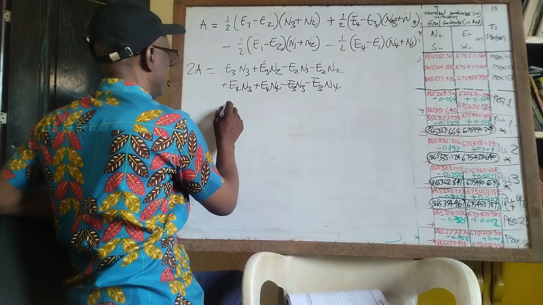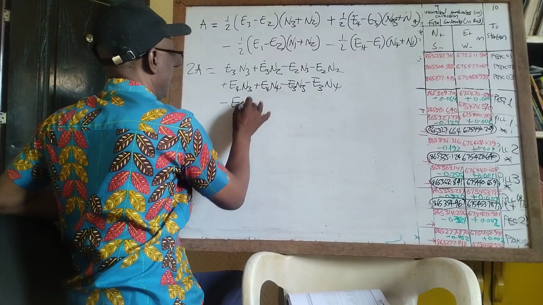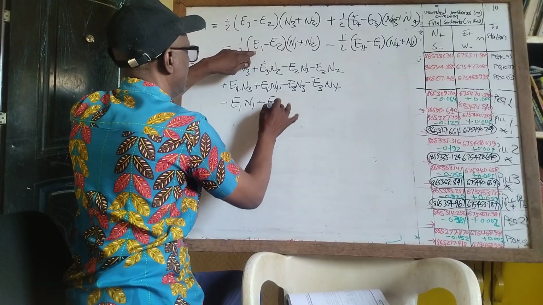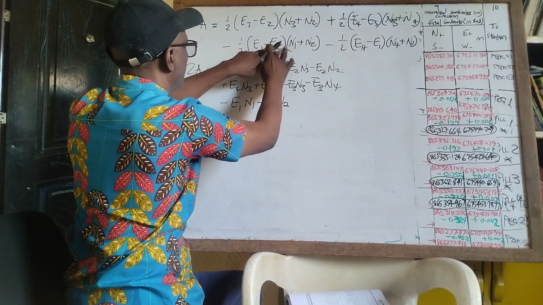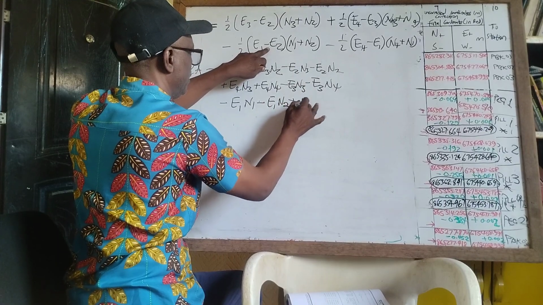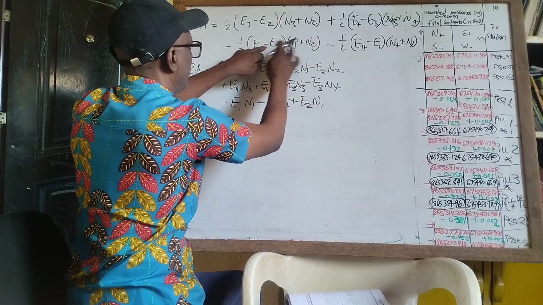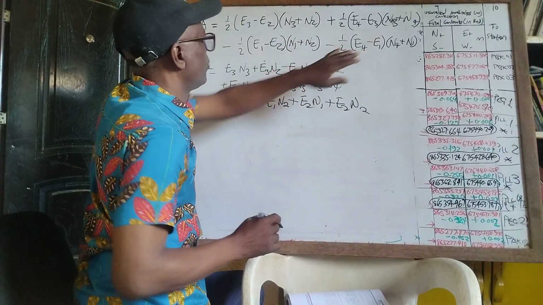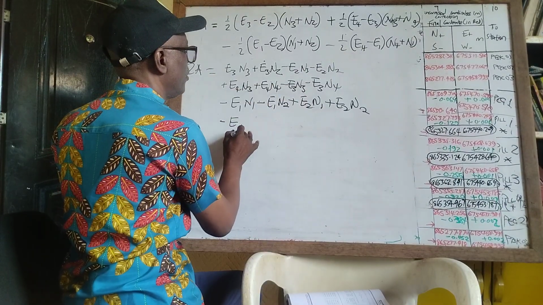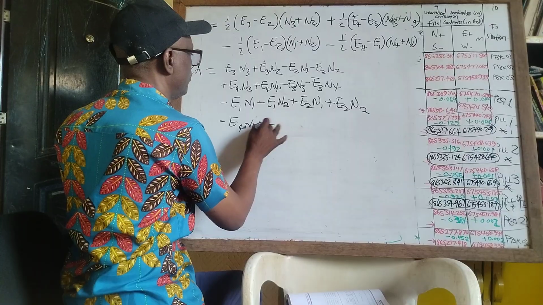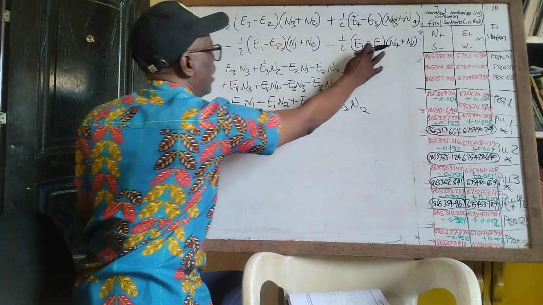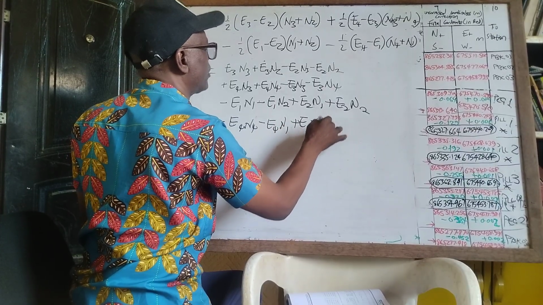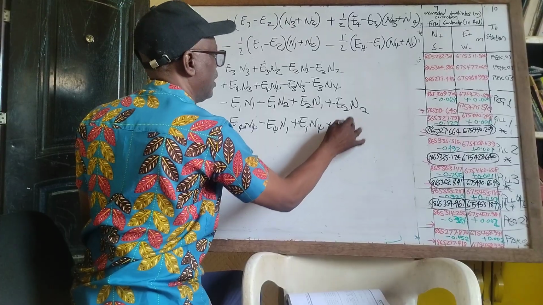Take this minus into consideration. Minus E1 N1 minus E1 N2. This is supposed to be minus, this now turns to plus E2 N1, and minus and minus turn to plus E2 N2. Now go to this also, minus E4 N4 minus E4 N1. Now this minus will turn to plus E1 N4 plus E1 N1.